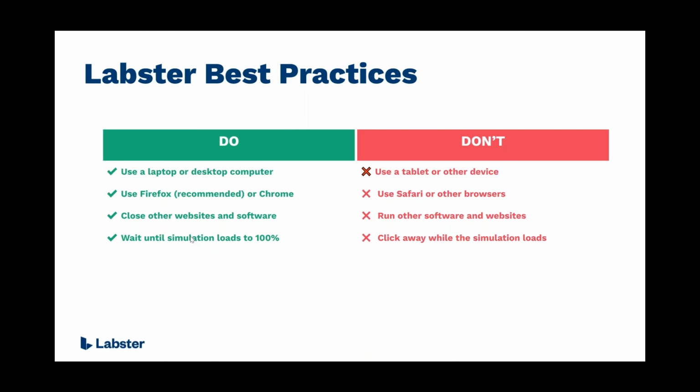So the Labster grades will sync into Blackboard automatically only if the student completes 100% of the simulation. If you've added a Labster activity to your course, but none of the students have actually finished the entirety of it, there will be no grades in the gradebook. The grades will only populate once they've finished 100% of the simulation. So you could go ahead and delete the Labster grade center column if you change your mind.